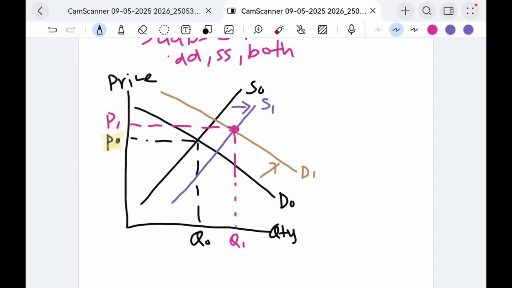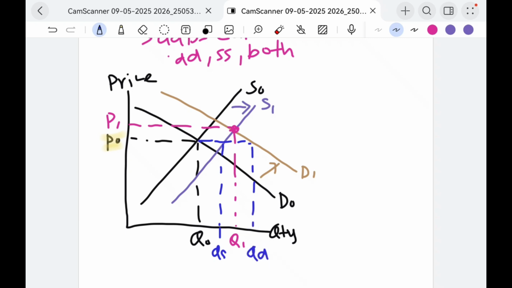So here when we look at P0, now we need to move it to touch the new supply curve and the new demand curve. In this case, my quantity supplied is at QS. My quantity demanded is at QD. You need to be able to identify this correctly.